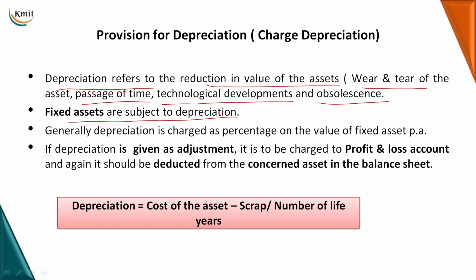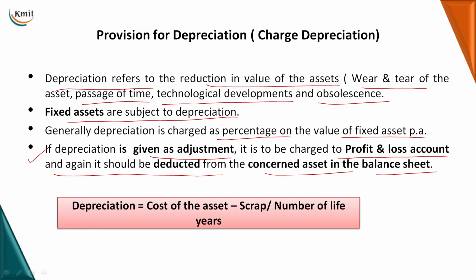Generally depreciation is charged as a percentage on the value of the fixed assets per annum. If depreciation is given as an adjustment, it should be charged to the profit and loss account on the debit side, and again it should be deducted from the concerned asset on the asset side of the balance sheet.